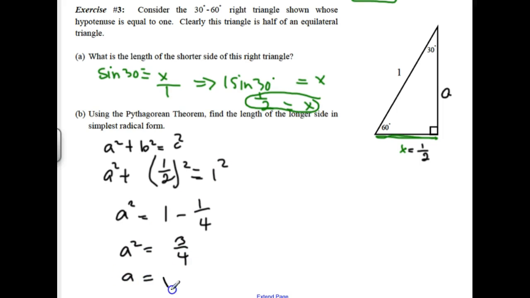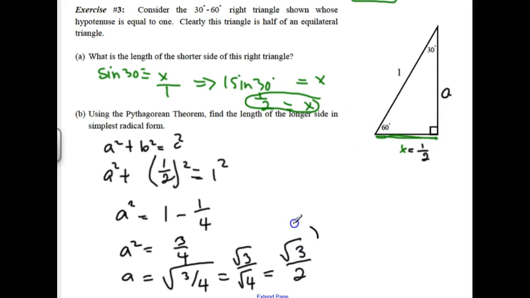So a would be the square root of 3 over 4, which is the same thing as the square root of 3 over the square root of 4. And I know the square root of 4 is 2, and this becomes radical 3 over 2. So the longest side, or my a, is radical 3 over 2. Okay, this is just simple review from the Pythagorean theorem.